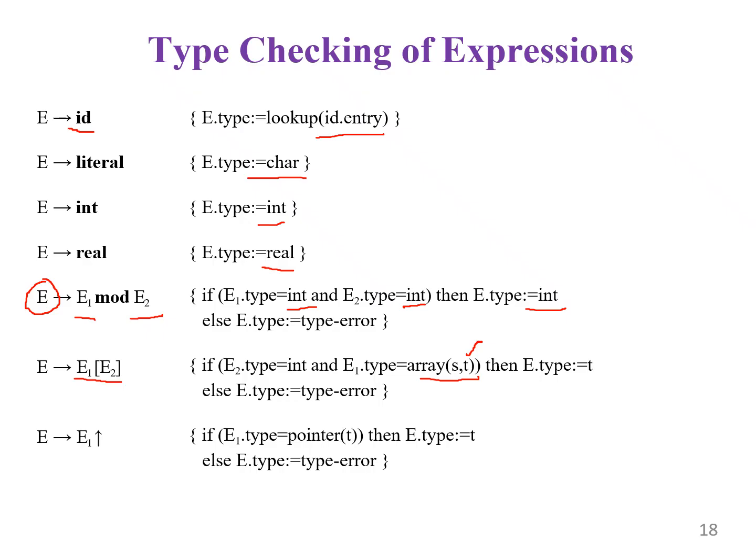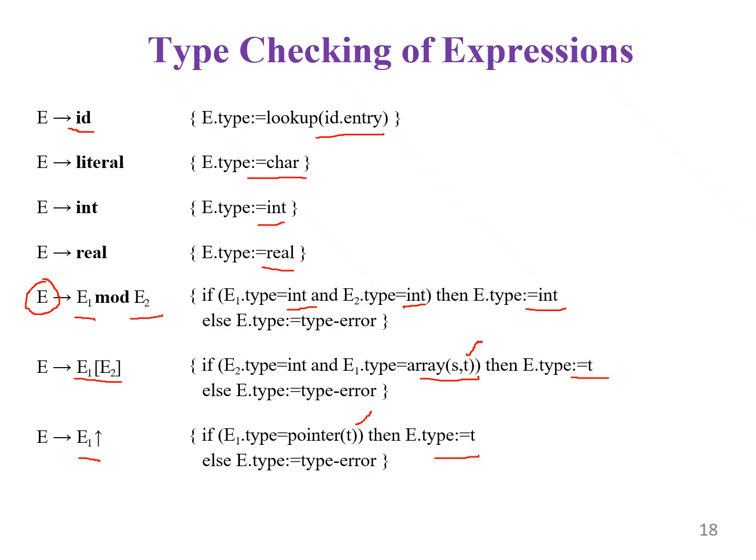Always this t should be an integer form, which gives the value of your array elements. Then ultimately E.type will be the data type of t, else it will throw an error. Next comes the pointer form, which means that if E1.type is a pointer, then E.type belongs to that pointer value, that pointer t. This comes under t, else it will throw an error.